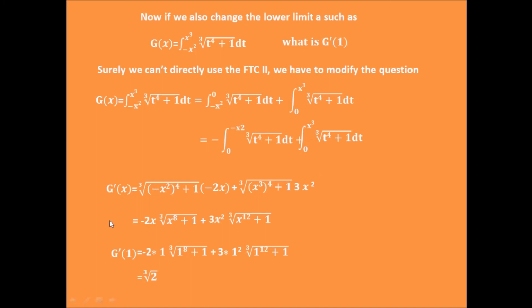So after simplification, we get g'(x) like this. Then if we want to calculate g'(x) at x equals 1, we just replace x with 1, so we have g'(1) equals 2 to the power of 1/3.